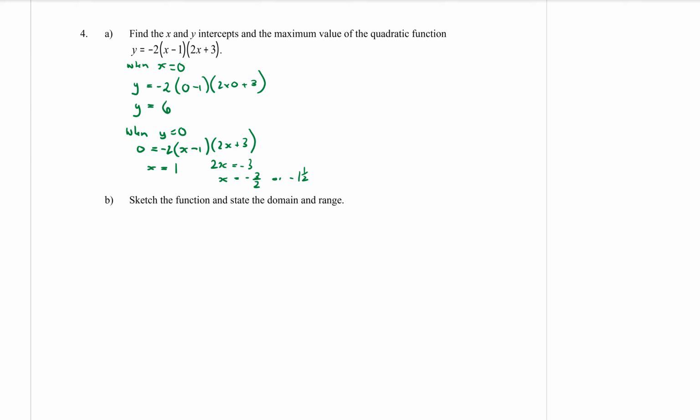So my axis of symmetry is when x equals 1 plus, what's actually a minus, a plus minus makes a minus, you all remember that from year 7, over 2. Add the two values together and divide by 2. We're just averaging those, and we get negative 1/4.